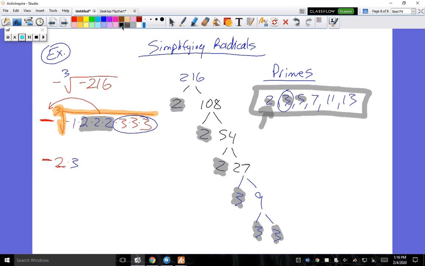And the only thing that remains right now is this negative 1. Can that come out? Yes. That's what? Not I. Negative 1 is I squared. Okay?